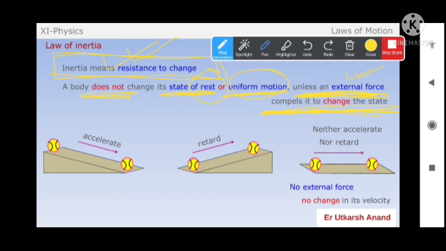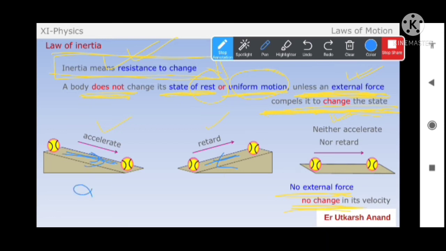So here kids, we are talking about acceleration, we are talking about retardation, and we are talking about neither acceleration nor retardation. In this case, no external force, no change in velocity. But here there is an external force, and I would like to tell you that gravity is actually opposing the motion. Here gravity is actually supporting the motion.